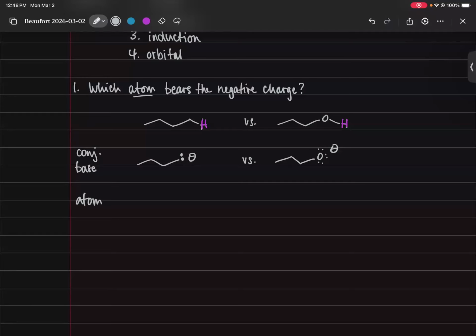And now we just compare the atoms that have the negative charge on them. So this is a carbon versus oxygen.